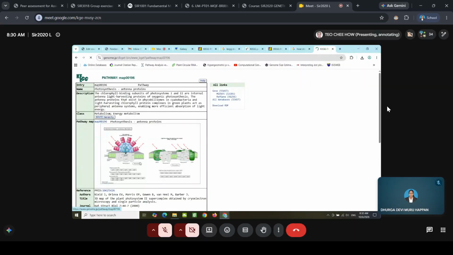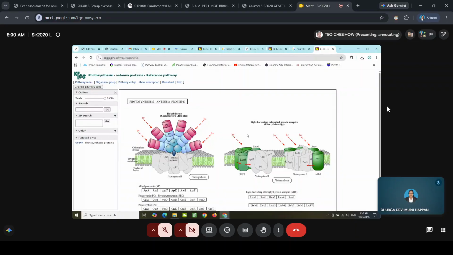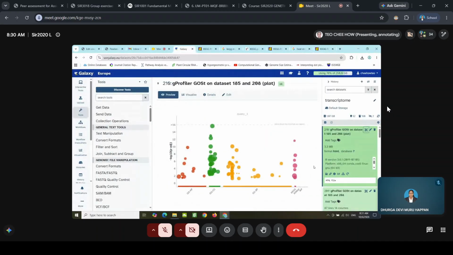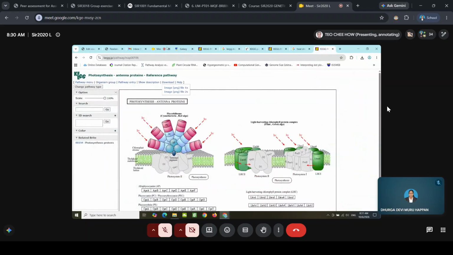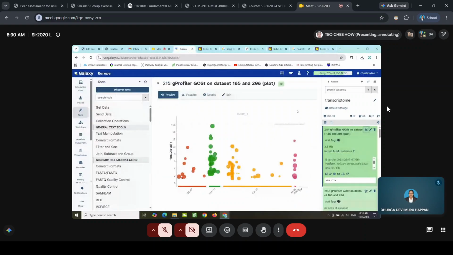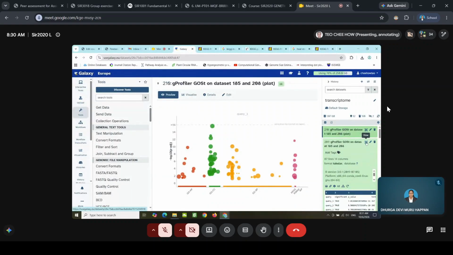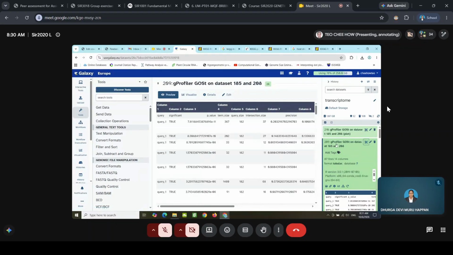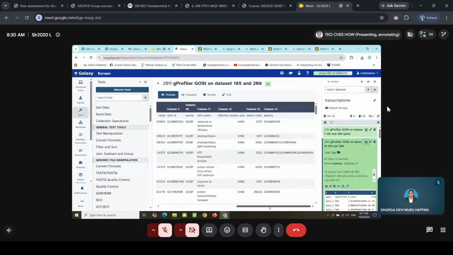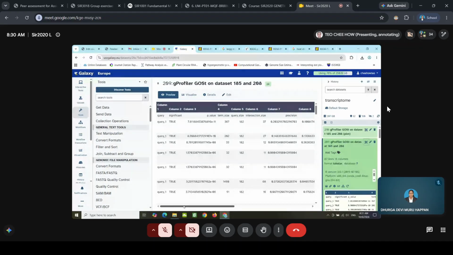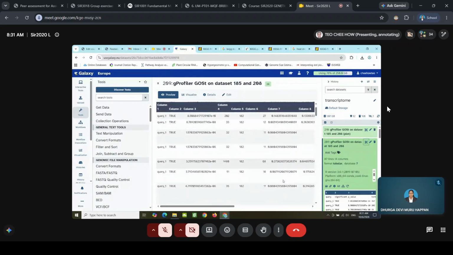But anyway, for your side, you don't need to have this one. Because even if you are able to get the map, you don't know which gene is involved. The reason is that g:Profiler itself doesn't tell us which gene is involved in here. It didn't list them down. It just does a summary on it. So that's why we can't know.